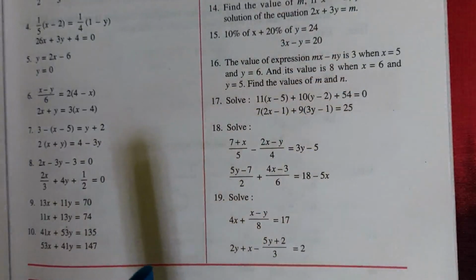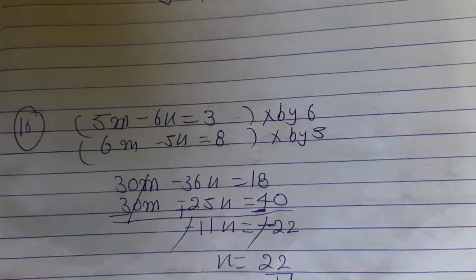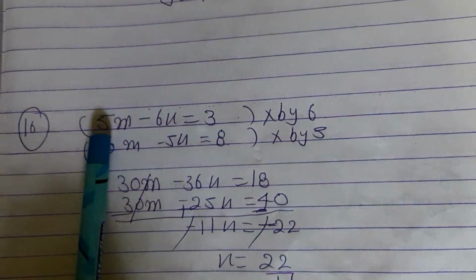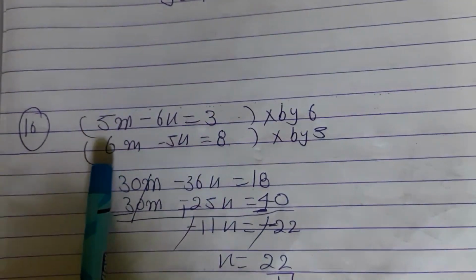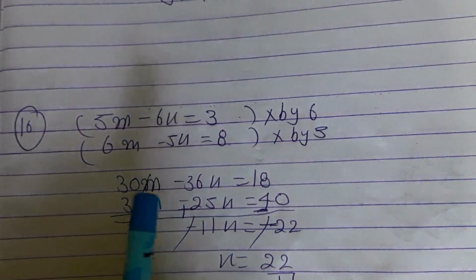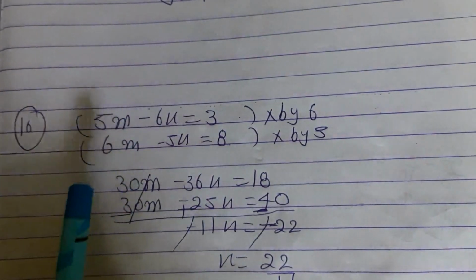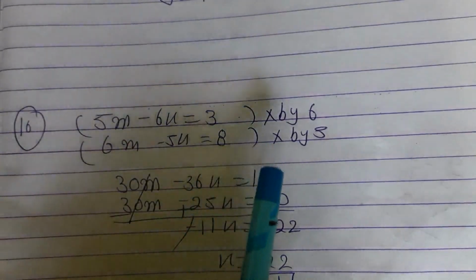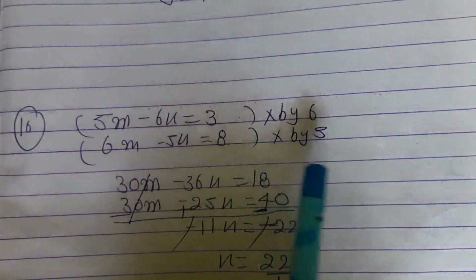Now we will solve the equations by the elimination method. This is our first equation, 5m minus 6n is equal to 3, and the second one is 6m minus 5n is equal to 8. We will eliminate the variable m. First we multiply the first equation by 6 and the second equation by 5.